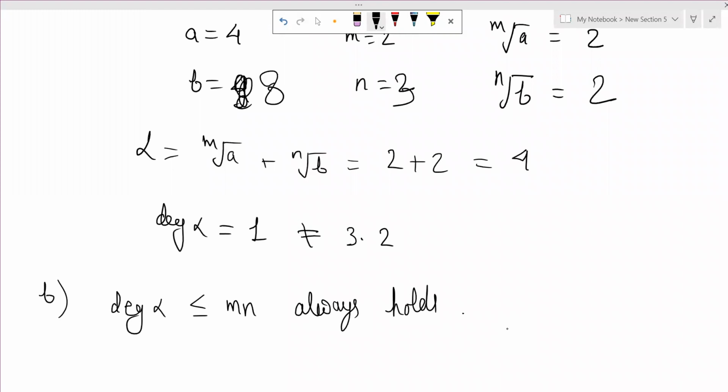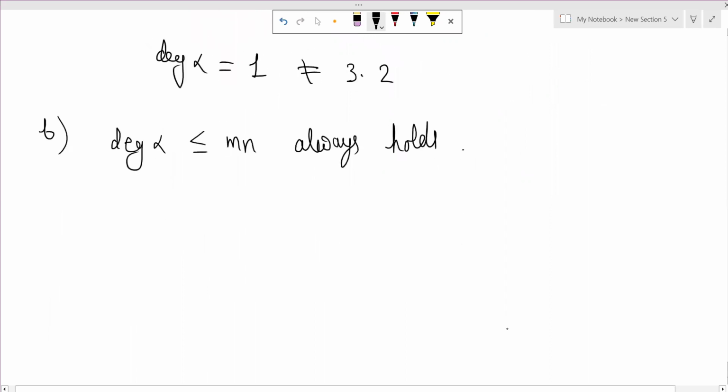Alpha is 4, right? What is the minimal polynomial for alpha over Q? This is x minus 4. What is the degree of this polynomial? 1. So the degree of alpha is 1.